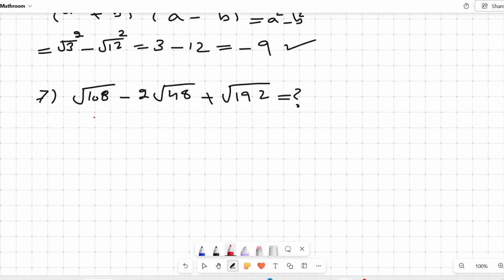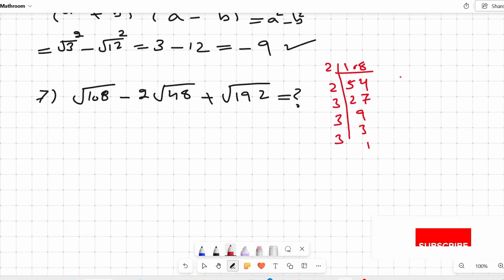So let's start from 108. Find the prime factors. I start from 2. 108 divided by 2 is 54, 54 divided by 2 is 27, then 9, 3, 3, 1. Okay.